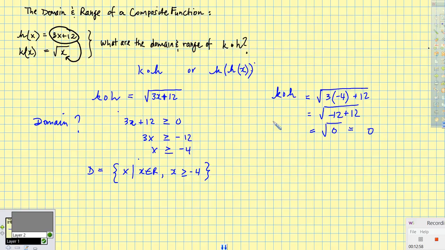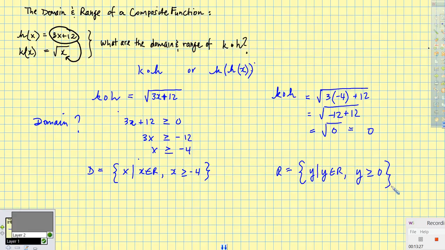Okay, so that tells me that when my value of x going into the function is negative 4, the value of y coming out, or the value of the range coming out, is 0. So that means automatically that my range is going to have to be y such that y is an element of R, where y has to be greater than or equal to 0, because it definitely cannot be less than 0, since we're not allowed to have a negative number under the square root sign.